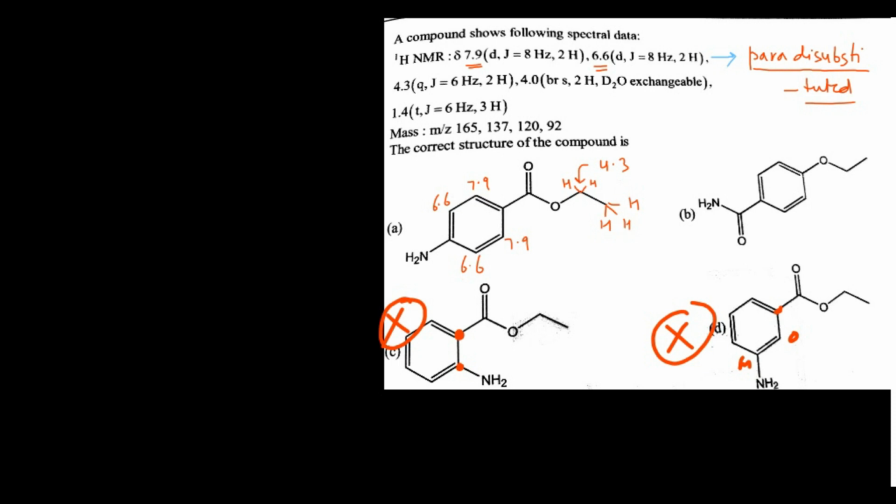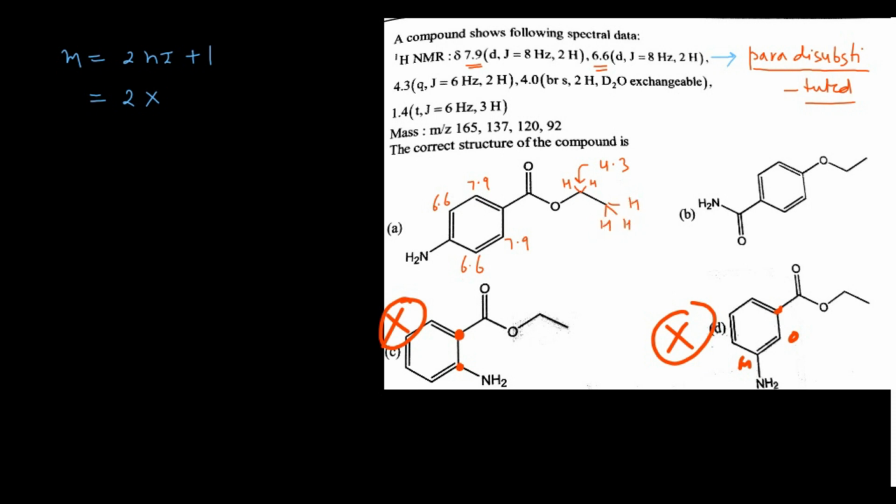So what is the formula for multiplicity? Multiplicity equals 2nI plus 1. Here 2 is the constant, n is the number of neighboring hydrogen atoms. So if you are looking for the signal for these 2 hydrogens, then you have to check in the neighboring carbon atom how many hydrogens are there. So 3 hydrogens are there.